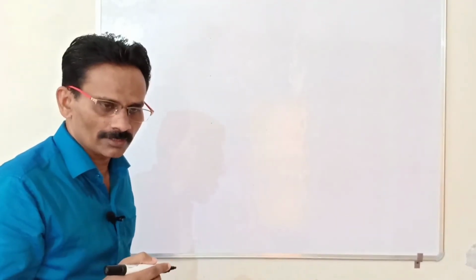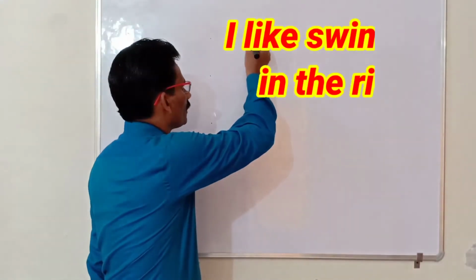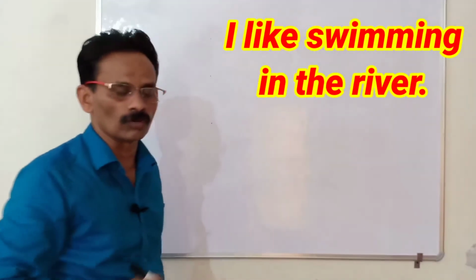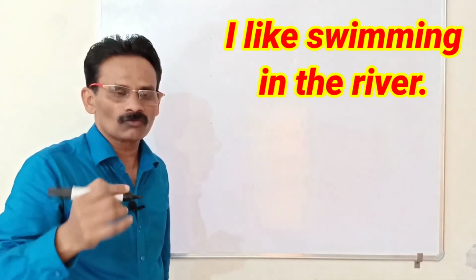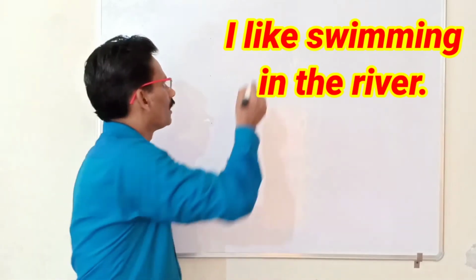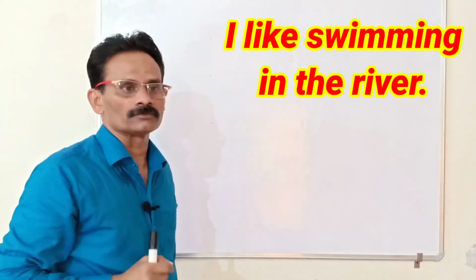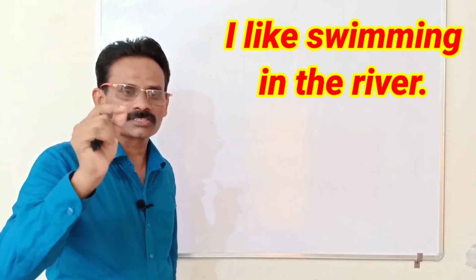Now let us examine another sentence. I like swimming in the river. Now, which is the verb in this sentence? Like. Now here, swimming is the non-finite verb. It is the gerund.